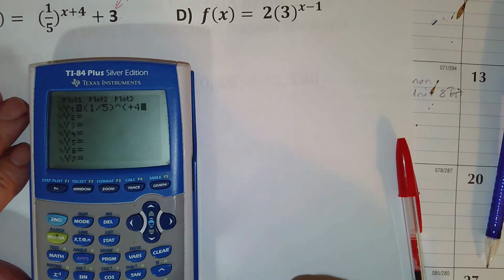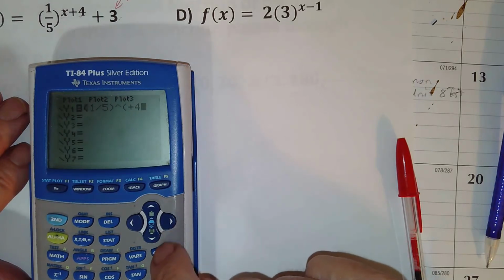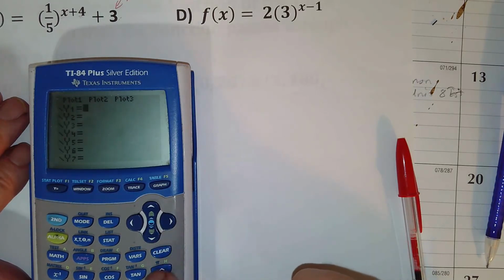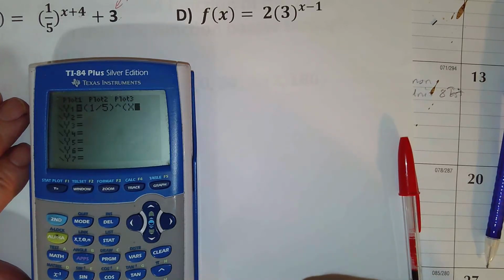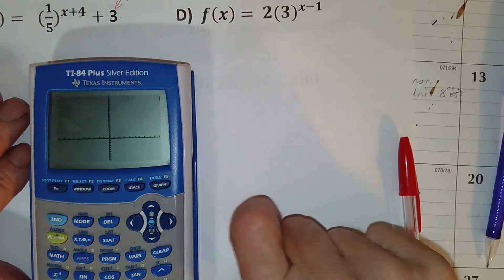Close the parentheses. Oops, I lost the x. I typed it, I thought. So parentheses 1 divided by 5, close parentheses, caret parentheses x plus 4, close parentheses, and then plus 3. We'll try that. All right, let's graph that.